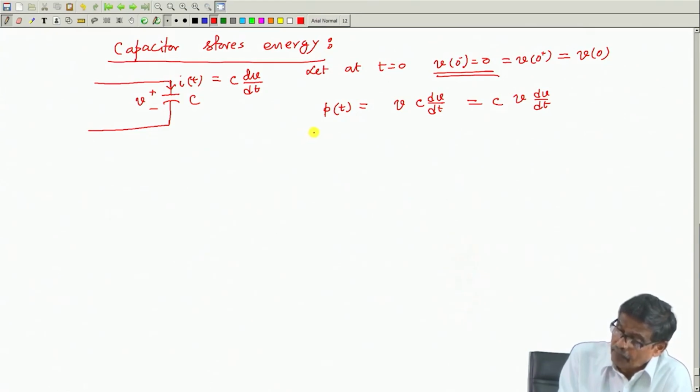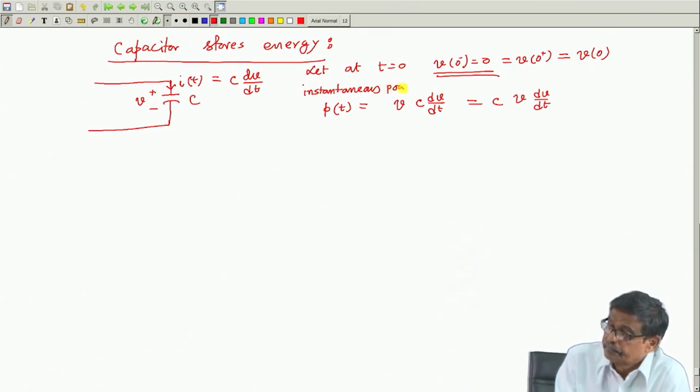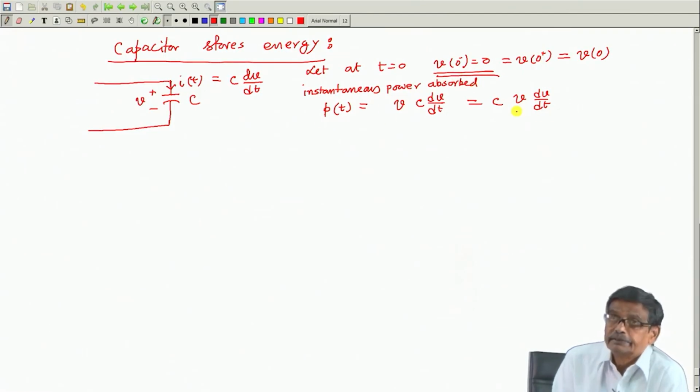See, the direction of the current and polarity of the voltage is such that it is absorbing power. So, the instantaneous power absorbed is equal to this.